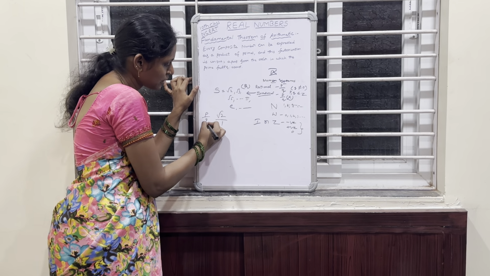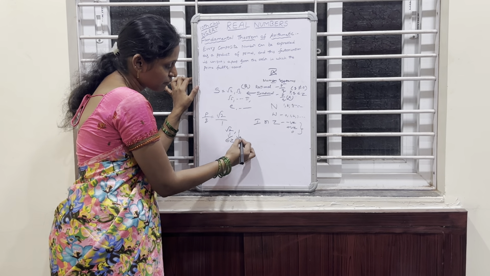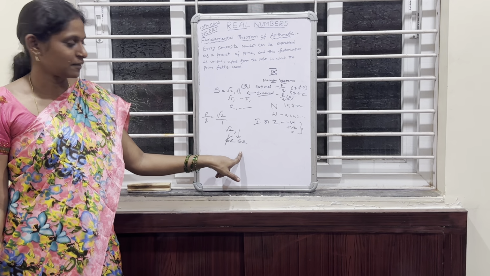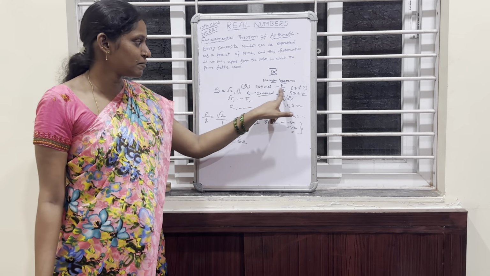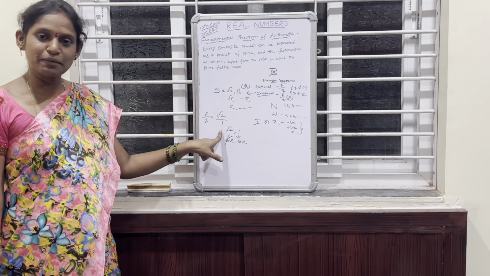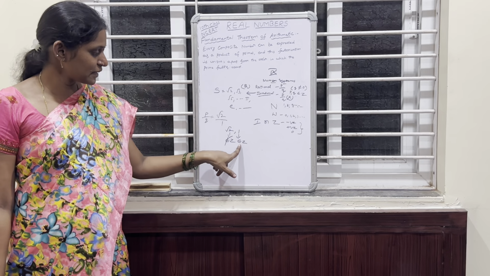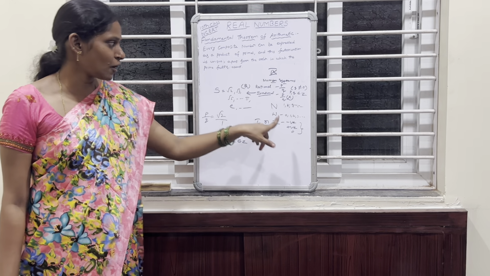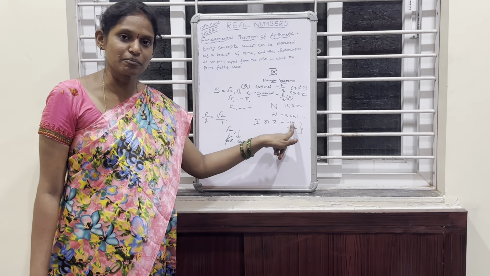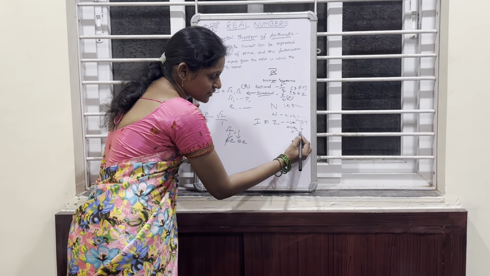Root 2 by 1: p is root 2 and q is 1. 1 belongs to Z, but root 2 does not belong to Z. For rational numbers, p and q both belong to Z. Integers have negative numbers minus 1, minus 2, minus 3 and positive numbers plus 1, plus 2, plus 3.